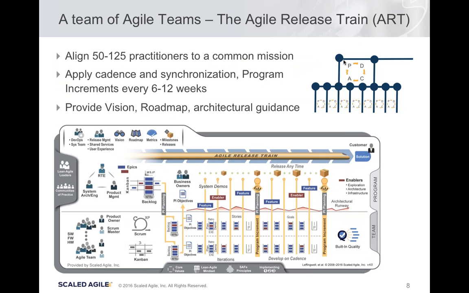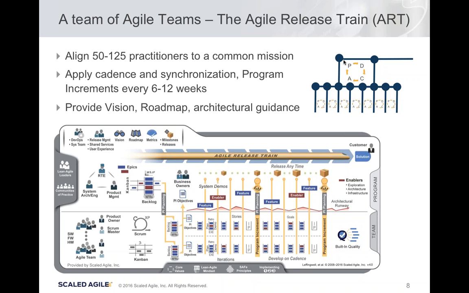I talked about the heart of SAFe, and that's really the program level, the Agile Release Train, a team of agile teams, typically 5 to 12 teams working together on the same solution. If I have one team which can work on a product or a system without dependencies on another team, I don't need SAFe. Scrum is a perfect tool to do that.